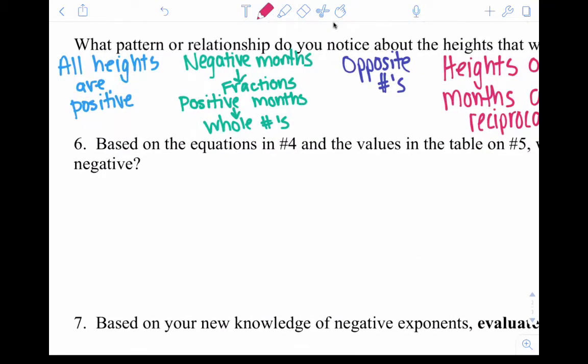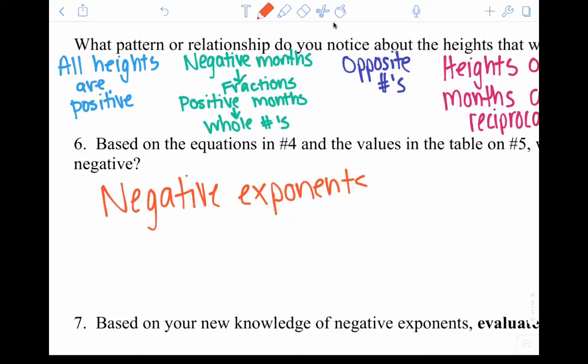So something that you might have noticed is that negative exponents create fractions.